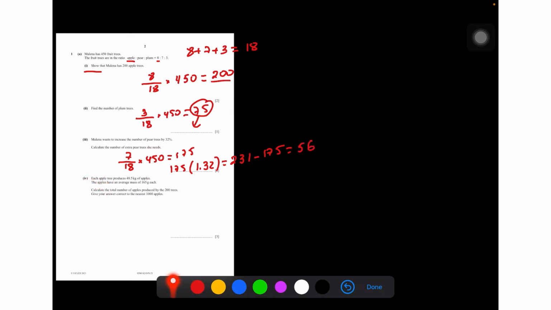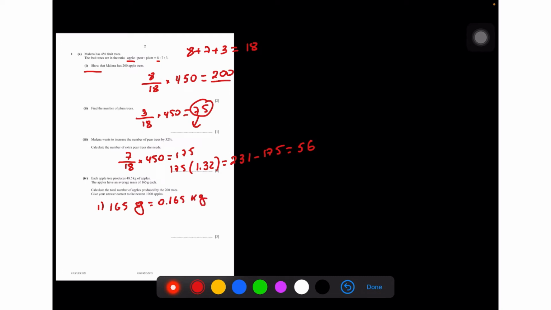And in this part, each apple tree produced 48.5 kilograms of apple. The apples have an average mass of 165 grams. Calculate the number of apples produced by the 200 trees. Give your answer correct to the nearest 1,000 apples. Firstly, we have to convert this 165 gram to kilogram, because the other is given in kilogram, and this will be 0.165 kilogram.